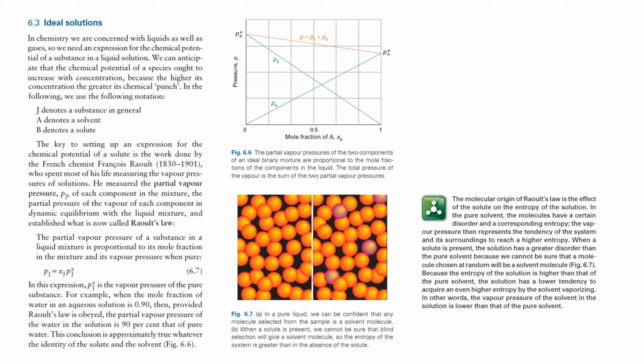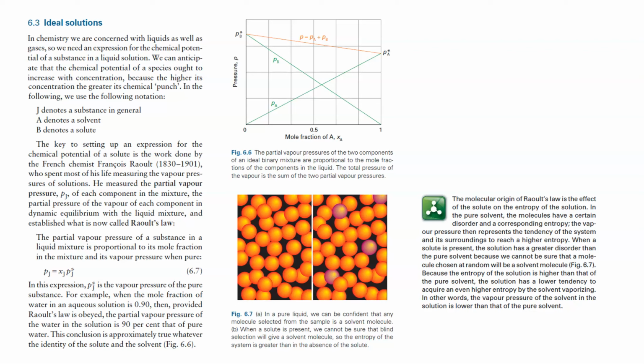In the following, we use this notation: J denotes a substance in general, A specifically denotes a solvent, B denotes a solute, with A being the major component and B the minor component of the mixture.